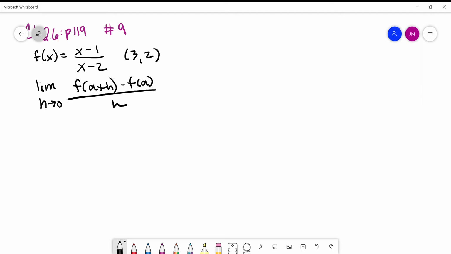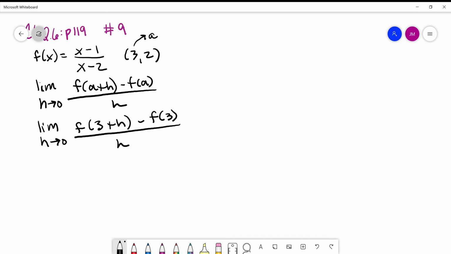Okay, so first thing I'm going to do is substitute a with what a is equal to, which would be 3. So my limit as h approaches 0 of f of 3 plus h minus f of 3 all over h. Now we are being asked to evaluate f of 3 plus h, which means substitute 3 plus h into my function for x.